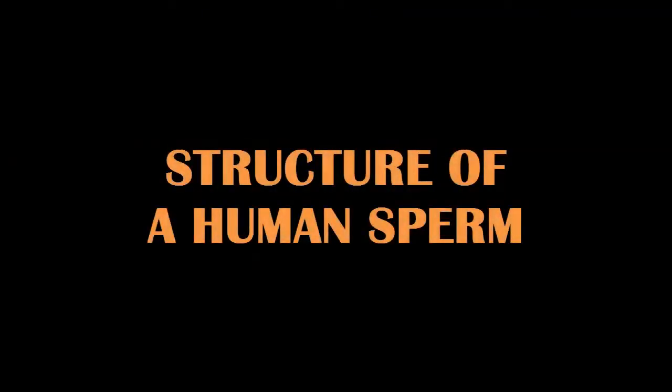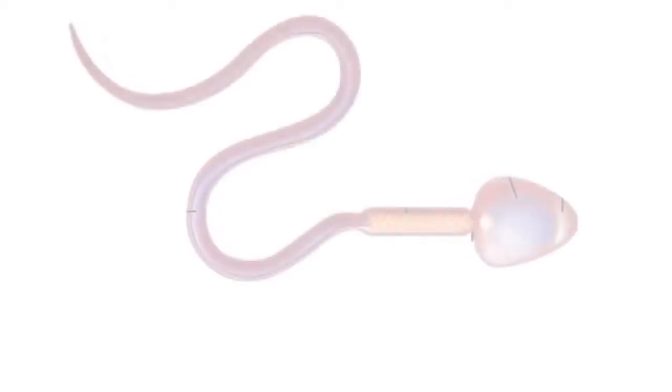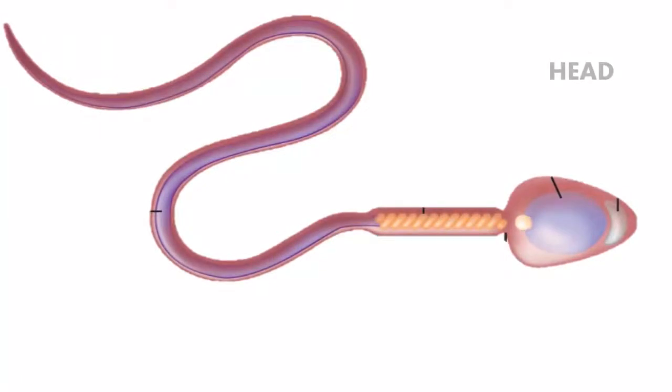Structure of a human sperm. A human sperm consists of three main parts: head, middle piece and tail.